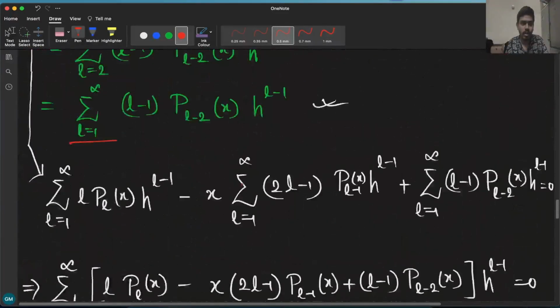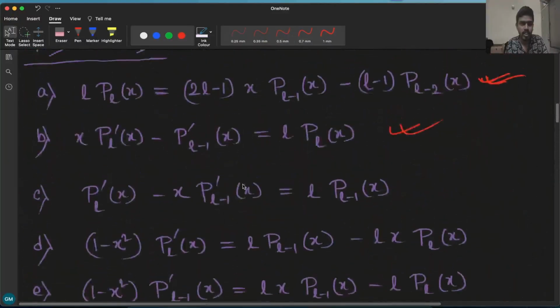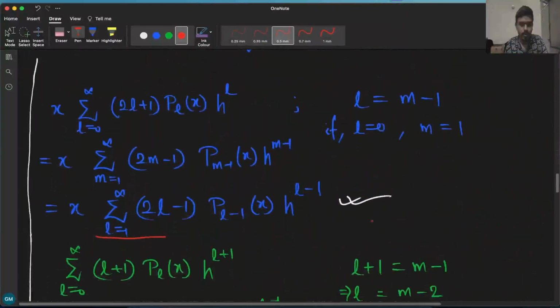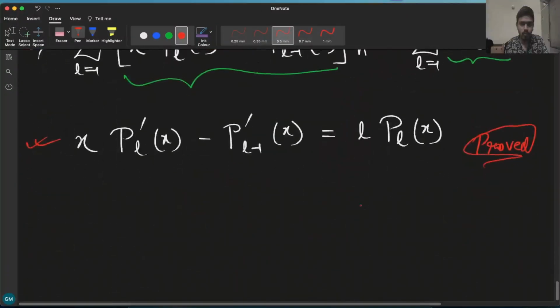Now let's look at this recurrence relation number C, which is this one.